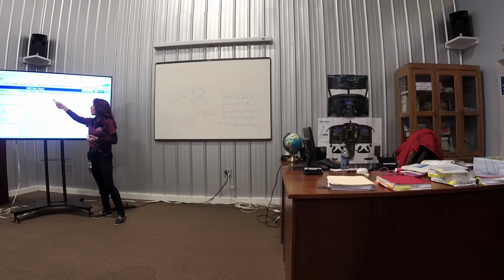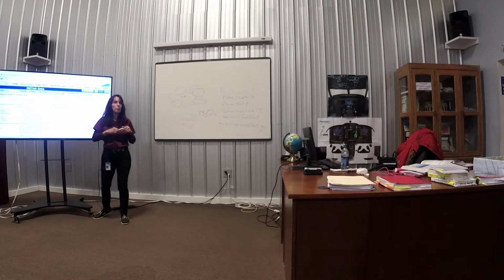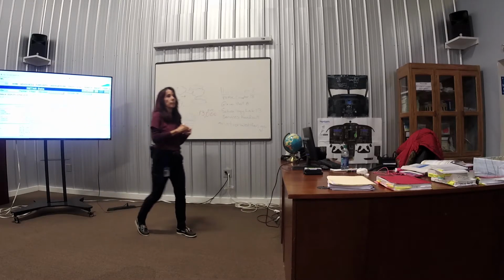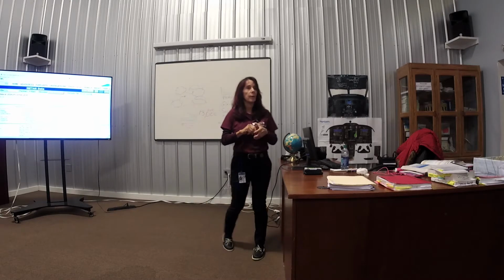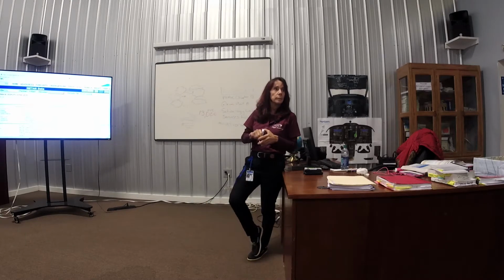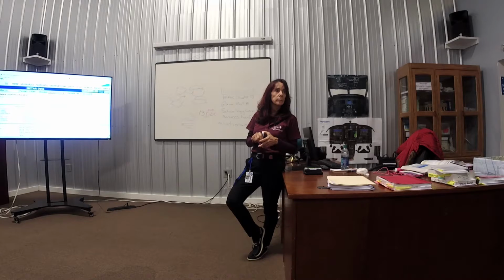Altimeter 30.09. So, John, do we have a high pressure or low pressure out there? By just looking at the altimeter, can you tell me, do we have a high pressure or low pressure? Here's the first thing to think of. What's standard barometric pressure at sea level?